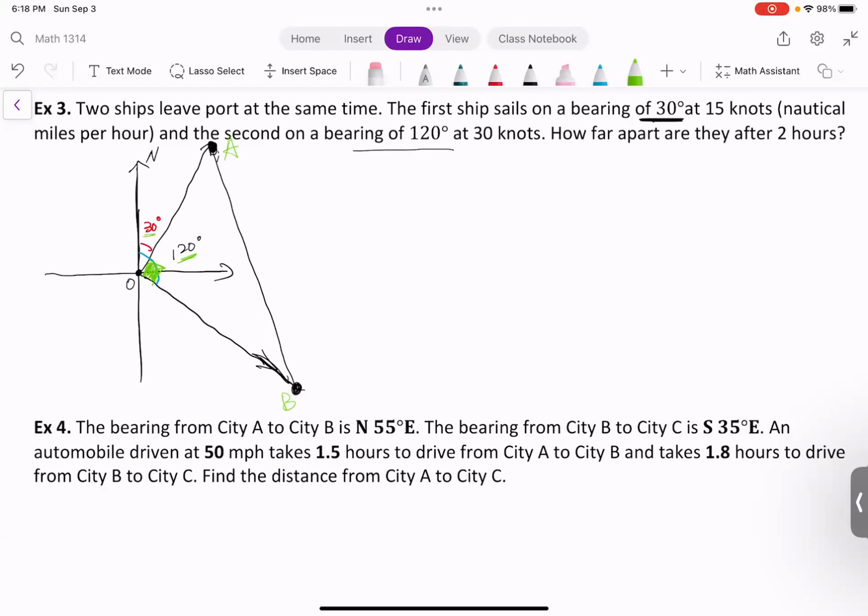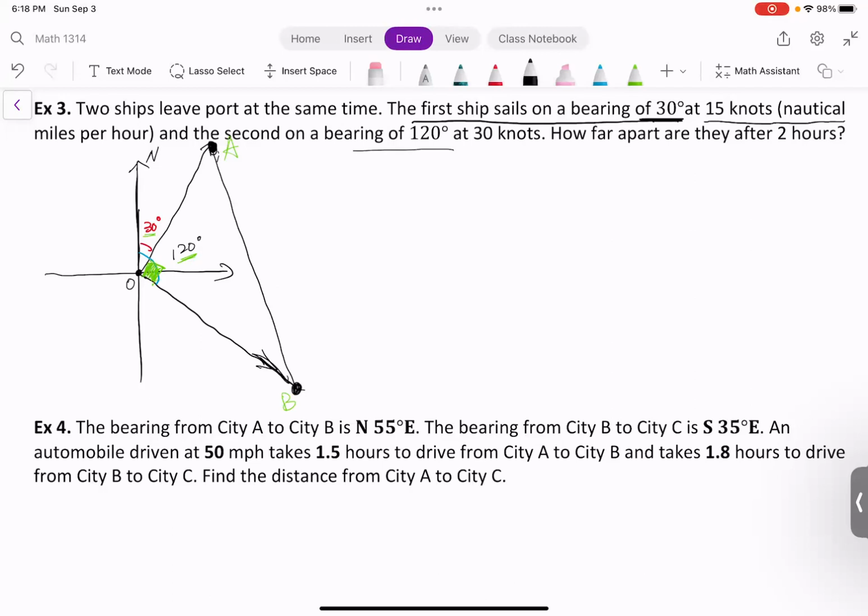I can move the triangle outside like this, or you can solve it on the XY plane. If I know this is a right triangle, and it's asking about A to B, I need more information. What is the distance from O to A? The first ship sails on this bearing, and it gives us the speed, 15 knots, nautical miles per hour.